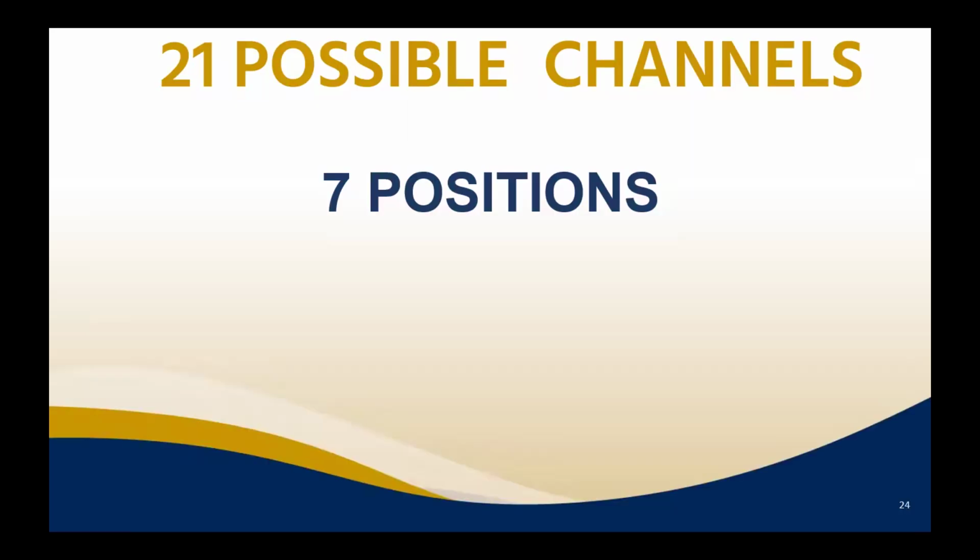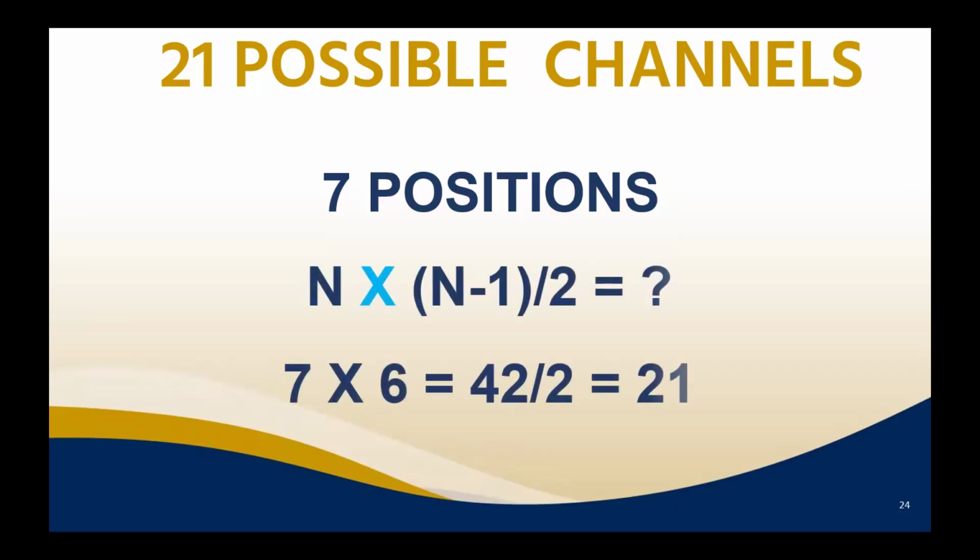Now, keep in mind, 7 different positions means that there are at least 7 different potential sources of information going through multiple channels to multiple audiences, and you can see where the top-down model doesn't work anymore.